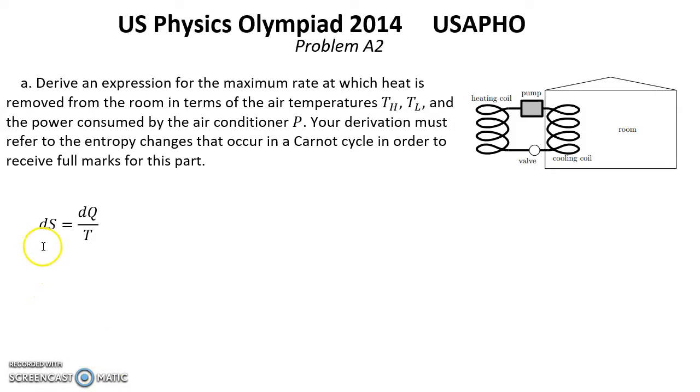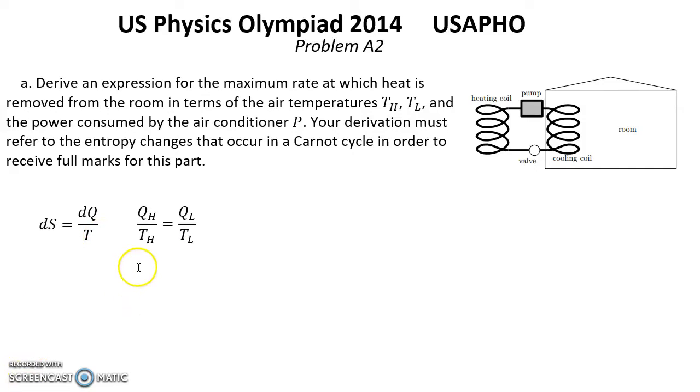Change of entropy dS equals dQ over T. In our case, we have two adiabatic processes where dQ is zero, and we have two isothermal processes with a constant temperature. And because the total change of entropy is zero, we have this equation.